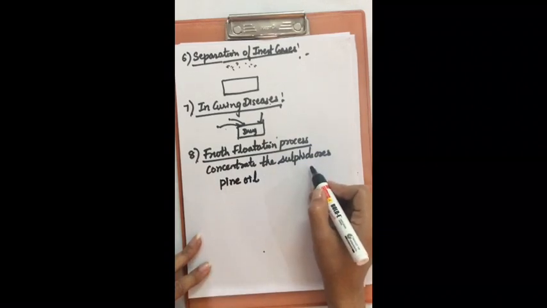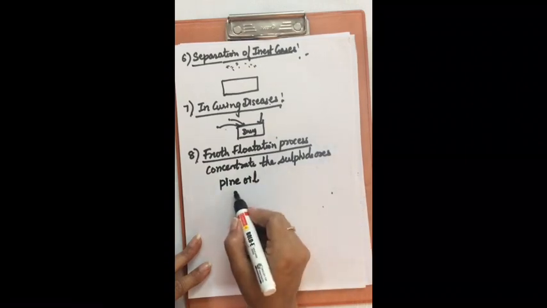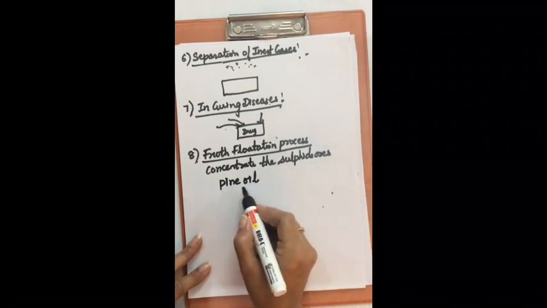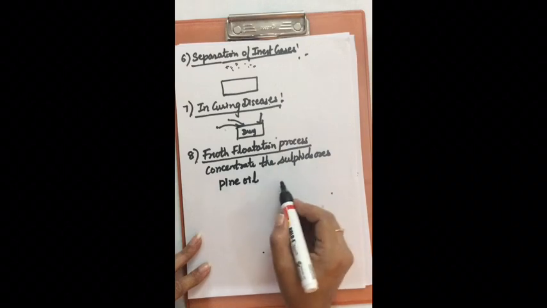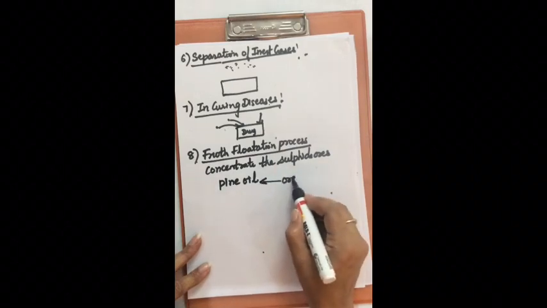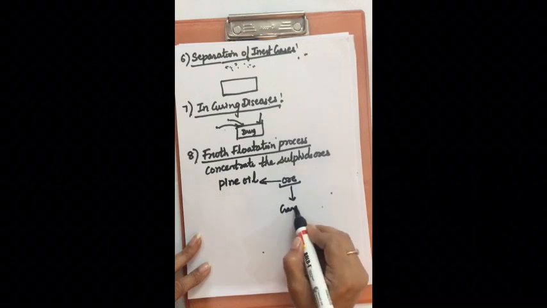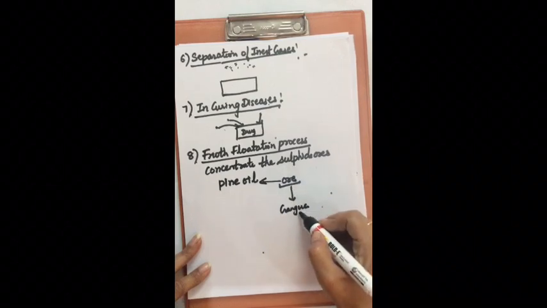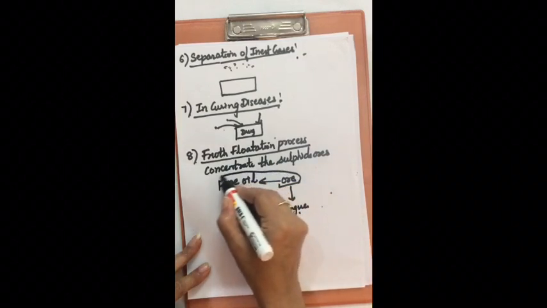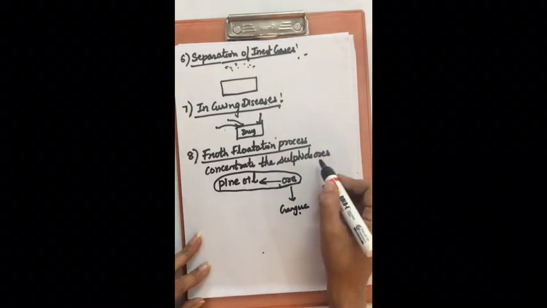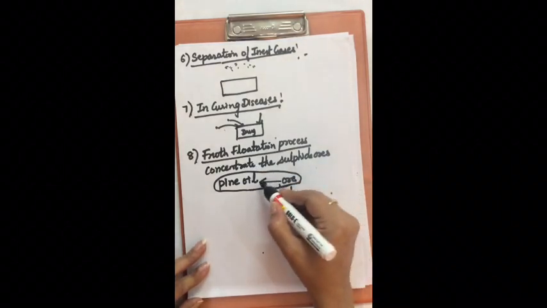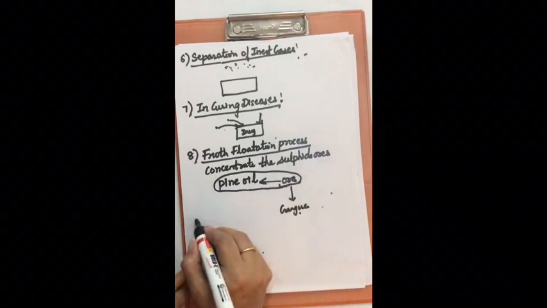To a mixture of sulfide ore in water, pine oil is added, and the ore will stick to the pine oil and the gangue particles will remain in water. So the ore goes towards the pine oil, while the gangue particles remain in the solution. So the gangue separates from the ore because the ore will adsorb on the pine oil. In this way the sulfide ores are concentrated using the adsorption phenomenon.